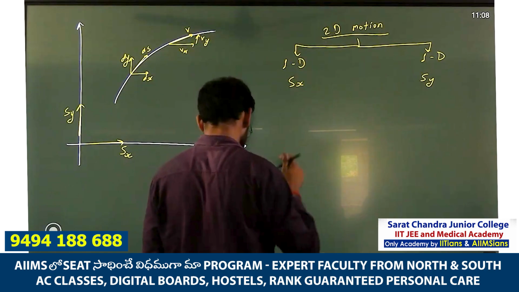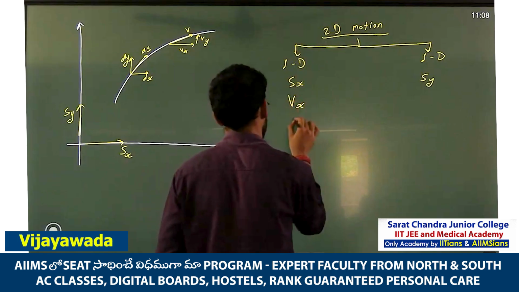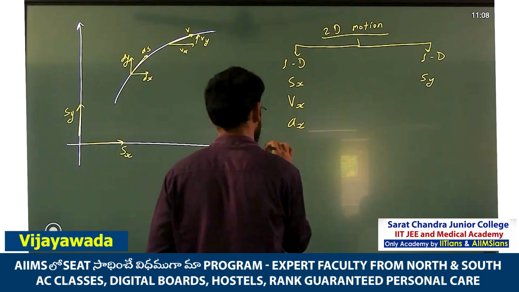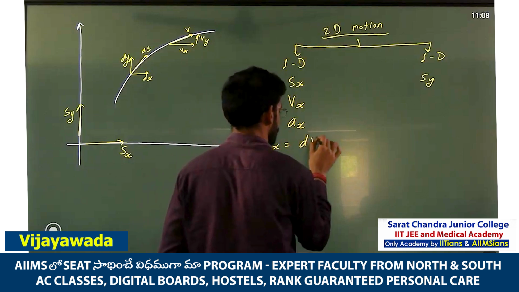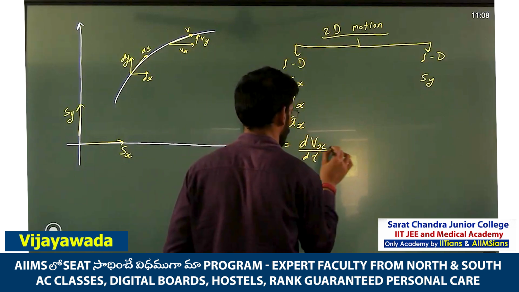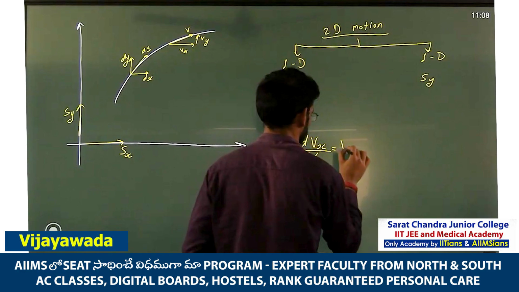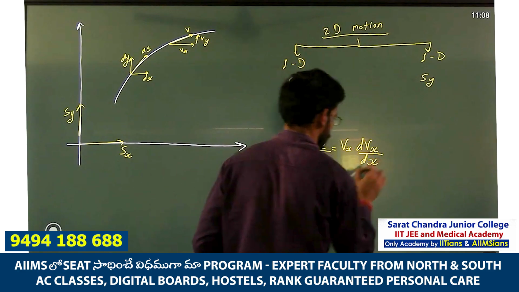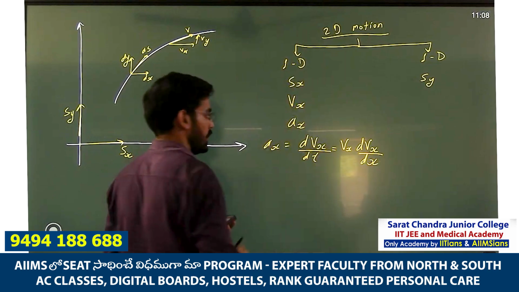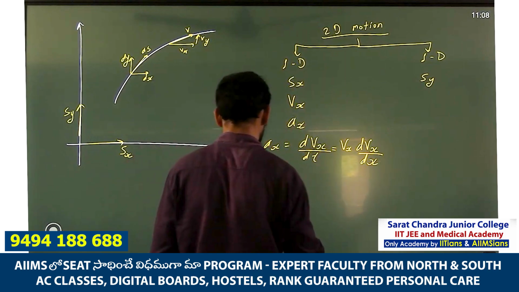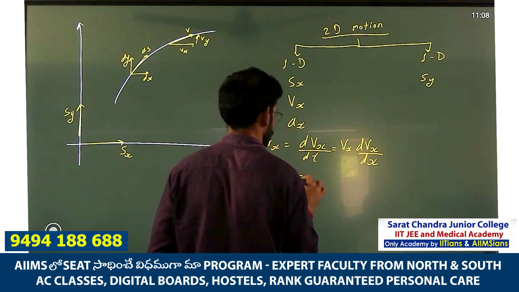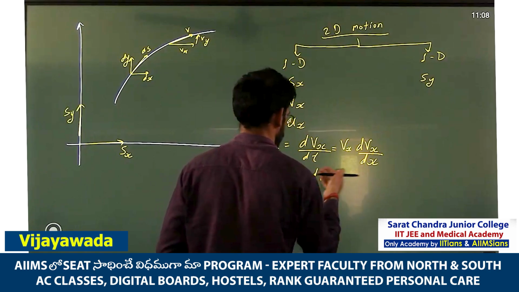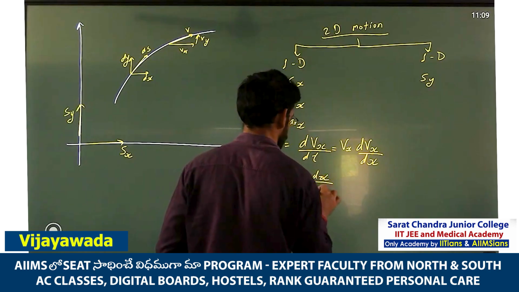As displacement, vx velocity, acceleration ax. The same ax equation is dvx by dt, or vx into dvx by dx, or vx is equal to dx by dt.